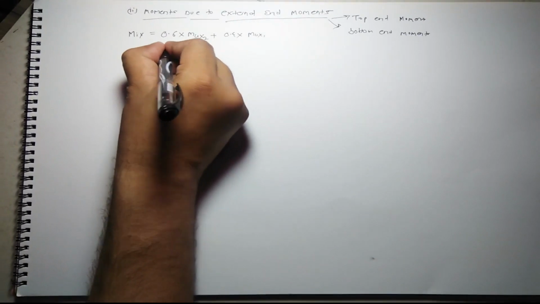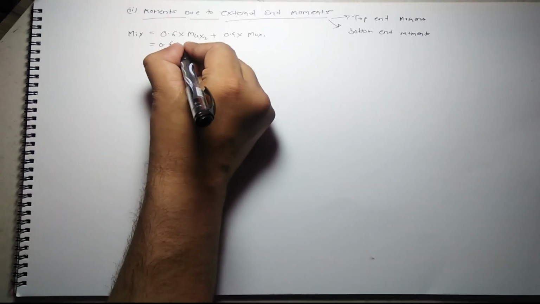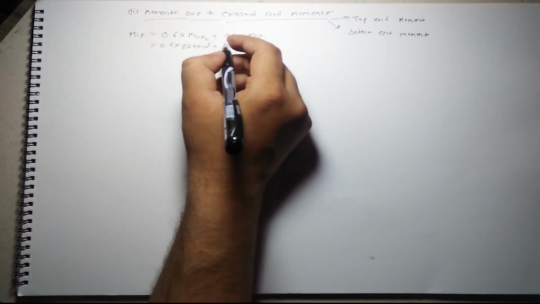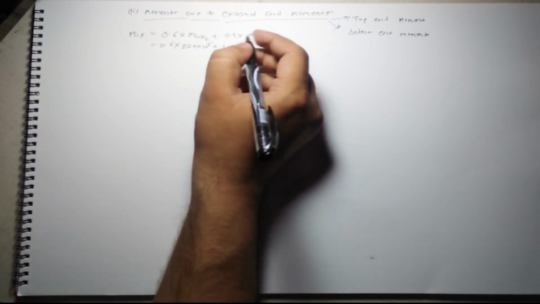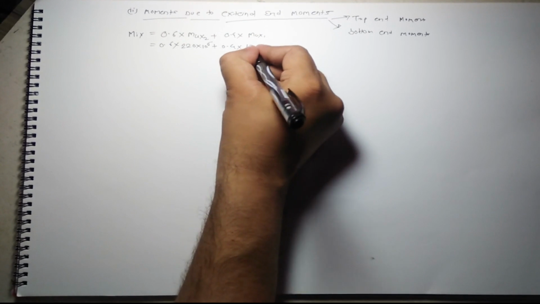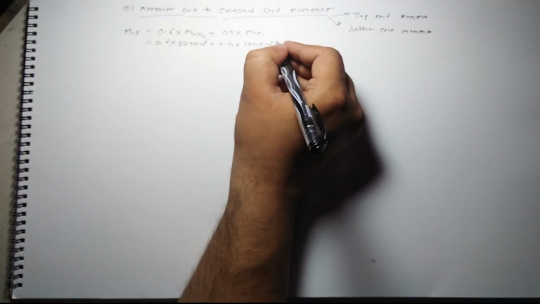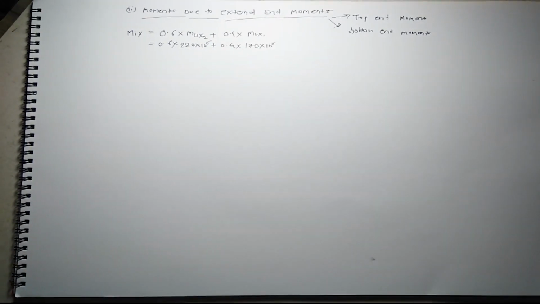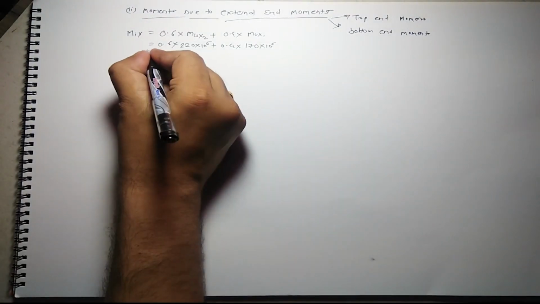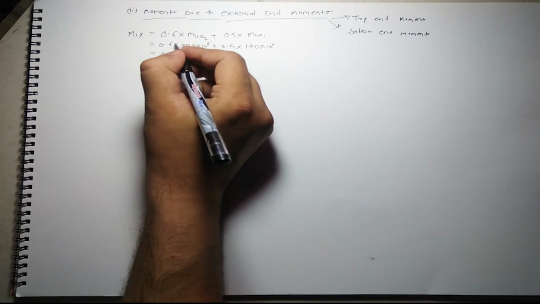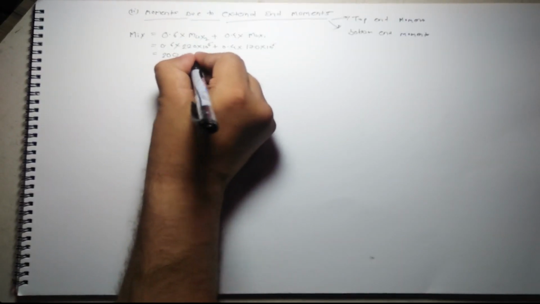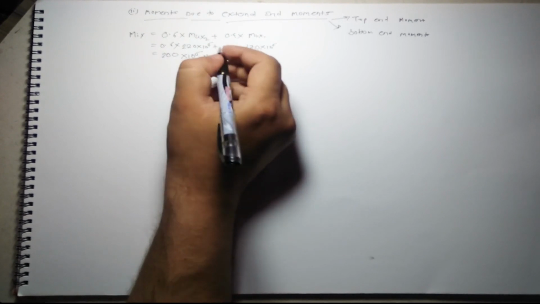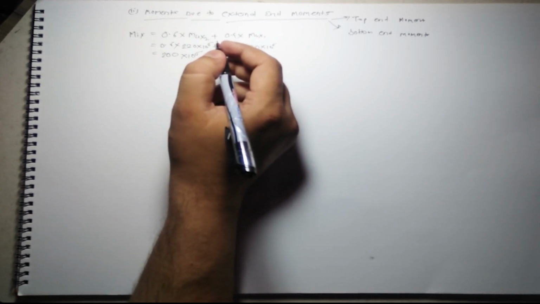So we have 0.6 into 220 into 10 to the power 6 Newton mm plus 0.4 into 170 into 10 to the power 6 Newton mm. It is coming out to be something like 200 into 10 to the power 6 Newton mm.